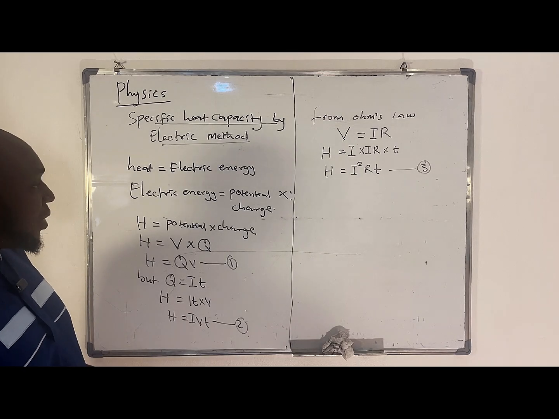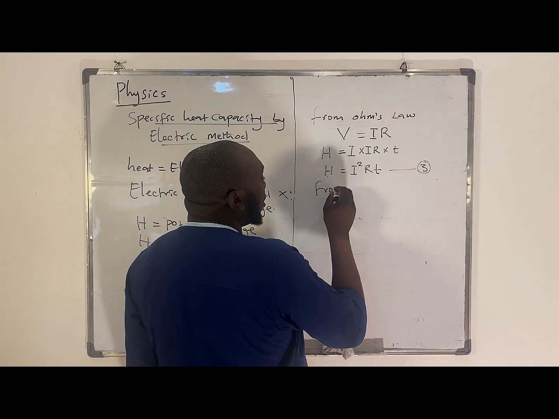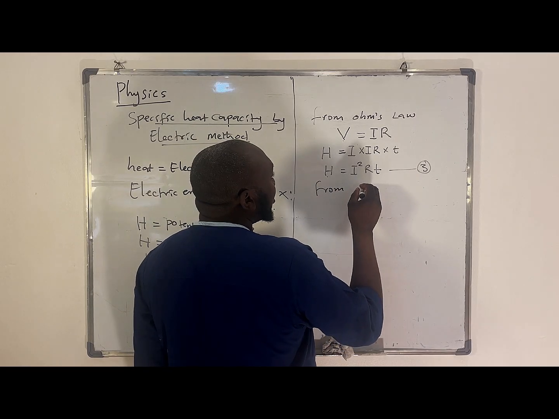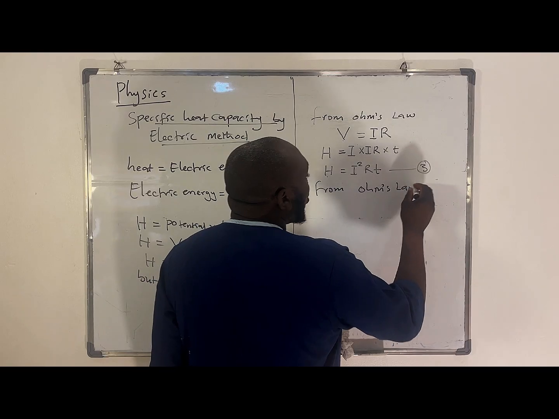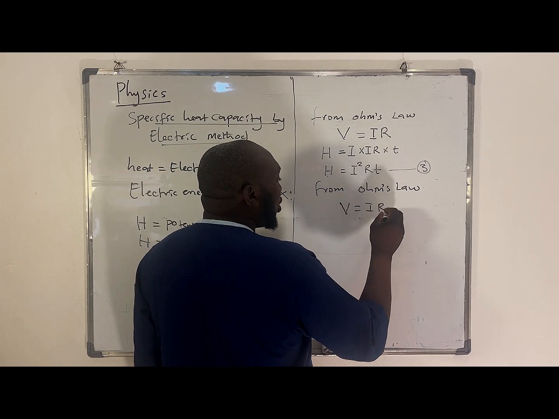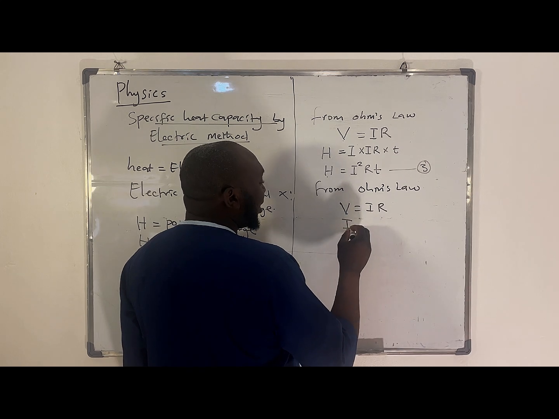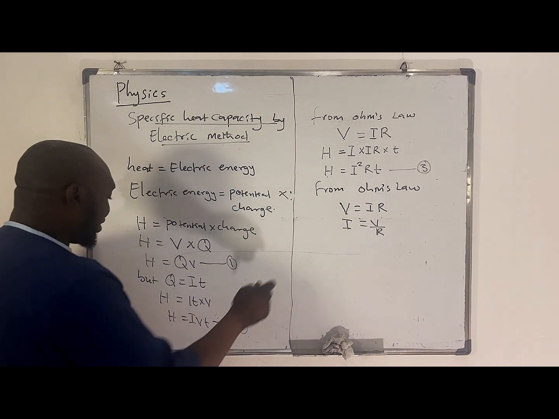Also, from that same Ohm's law, we see that V is equal to IR. Make I the subject of the formula: I will be equal to V over R. Substitute this into this equation.